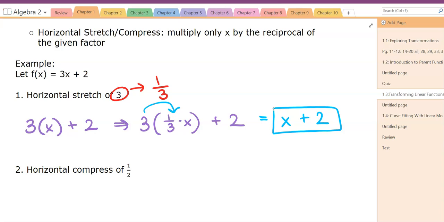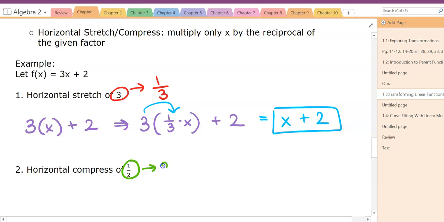Do a horizontal compression of a half. So if you guys start, what's the reciprocal of a half?